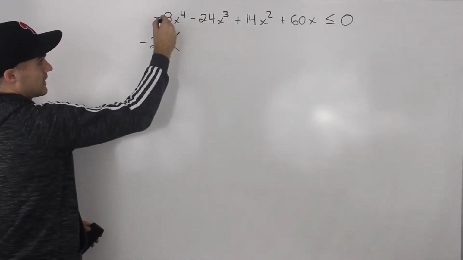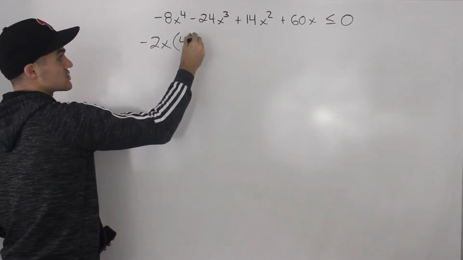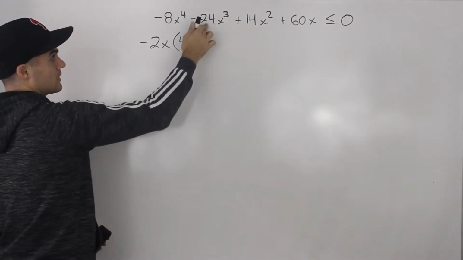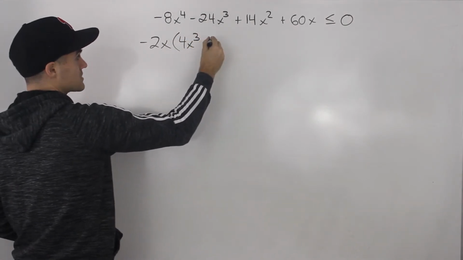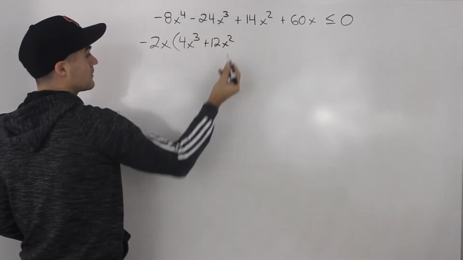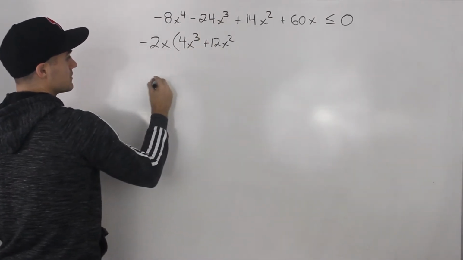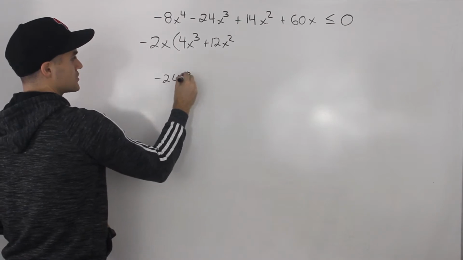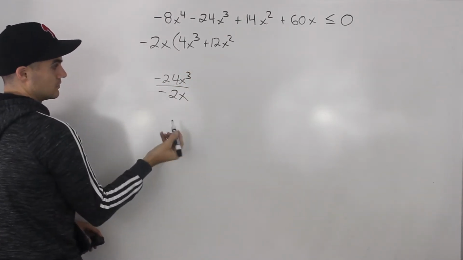And when we do, negative 8x to the 4 divided by negative 2x, that's just positive 4x cubed. Right? If we take out negative 2x from negative 24x cubed, that gives us positive 12x squared. If you don't want to do that mental math, what you can do is take each of these and just divide it by this negative 2x that we are taking out.